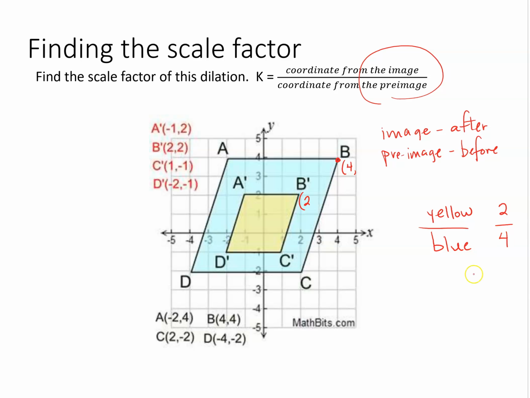Reduce that: 2/4 equals 1/2. So we have a scale factor of 1/2. From the pre-image, the blue one, to the image, we decreased by a factor of 1/2. So the blue times 1/2 gave you the yellow.